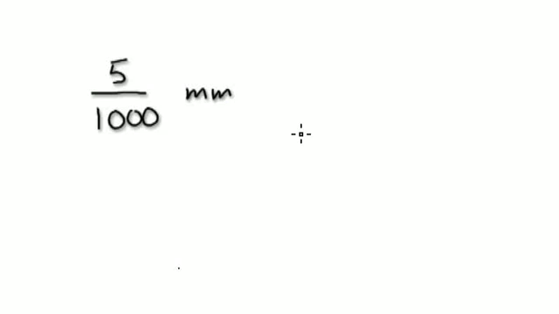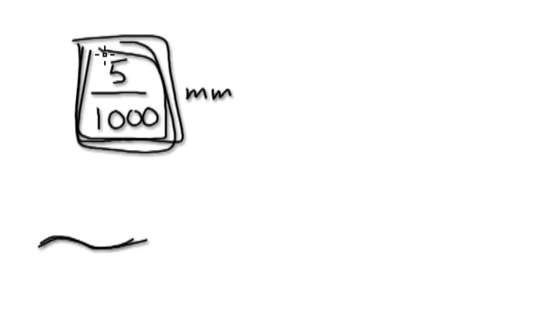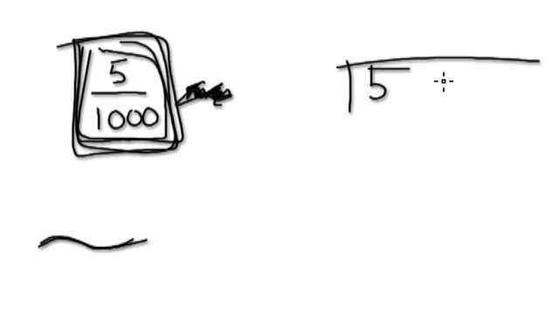Okay, this one. If someone says the width of a certain strand of string is this number of millimeters across, and you want to convert this number here to standard form, forget about the unit for the time being. Just convert this into standard form. Well, you could do this: 5 divided by 1000.